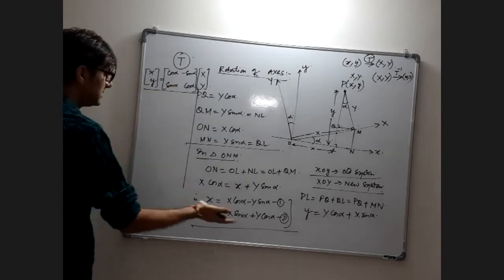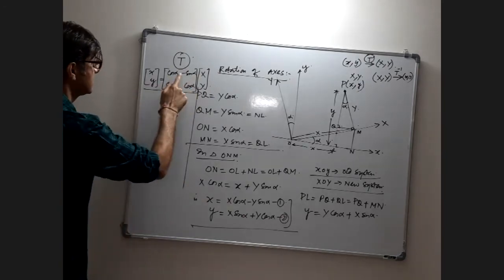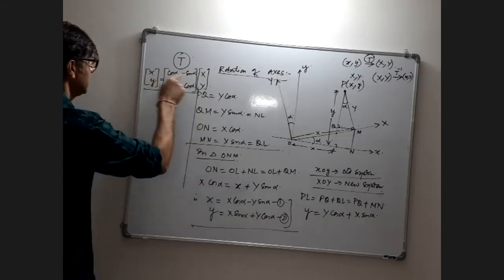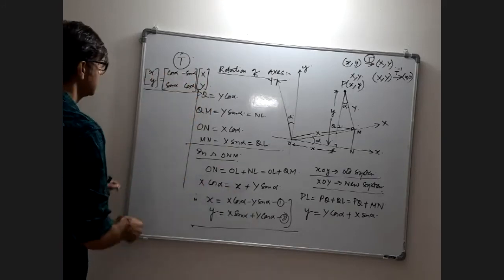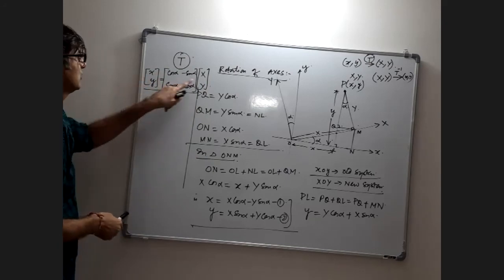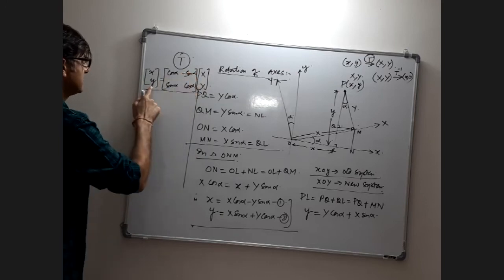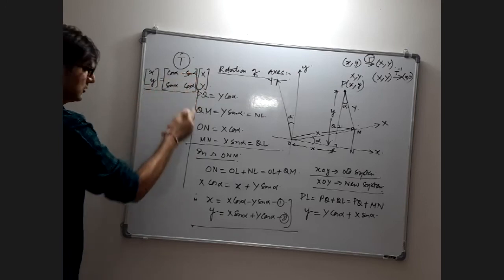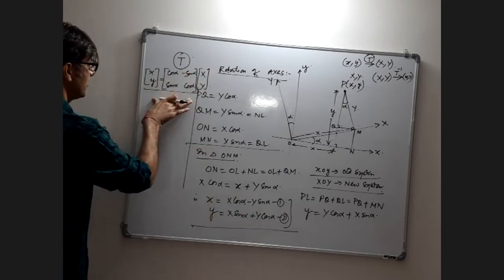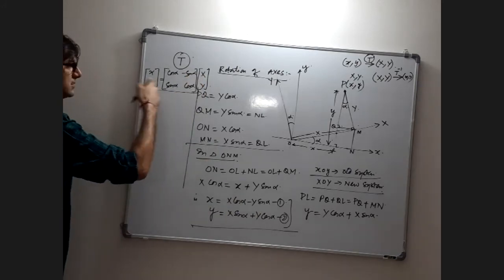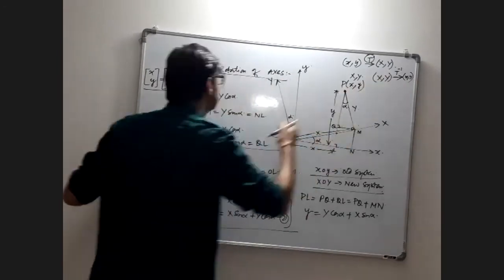Now see how I wrote it, it is very simple. Multiply the row with the column: x cos alpha minus y sin alpha. That is equal to X, because equality of the two matrices gives X is equal to x cos alpha minus y sin alpha, and Y is equal to x sin alpha plus y cos alpha. So this is a transformation matrix. In case you want small x, y in terms of capital X, Y, this is known as the inverse transformation.